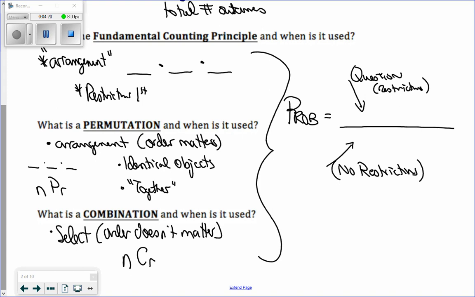That would be part A. And part B of the question would be, you've got 6 Scrabble tiles, you want to arrange 3 of them, but the first letter has to be a vowel. So part A, part B, you start putting restrictions in. Well, the no restrictions will be that 6P3. That will be the bottom of every single one. Putting a vowel first, that's the question. That's the restriction. So essentially it's taking that restriction answer and the no restriction answer and dividing them. So it's a 2-for-1 deal.